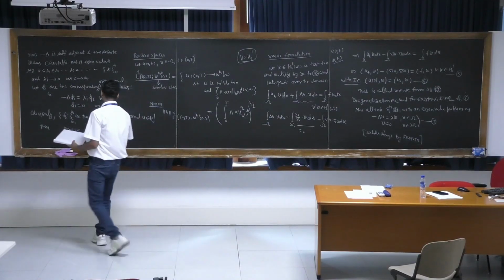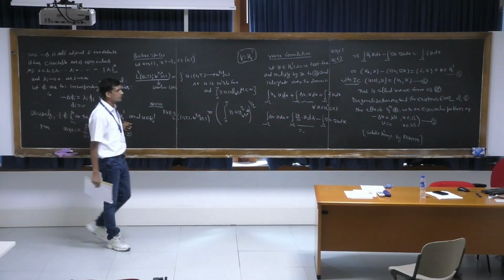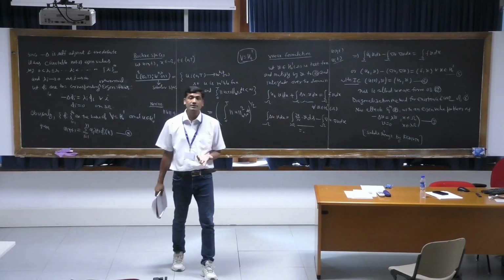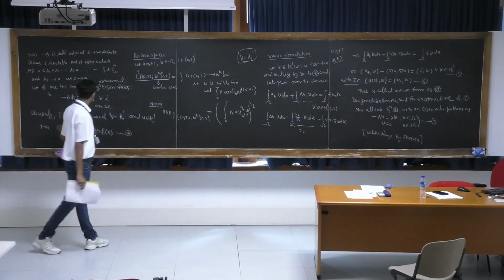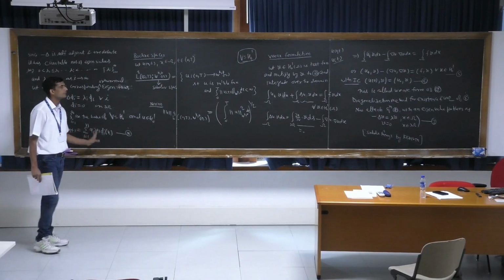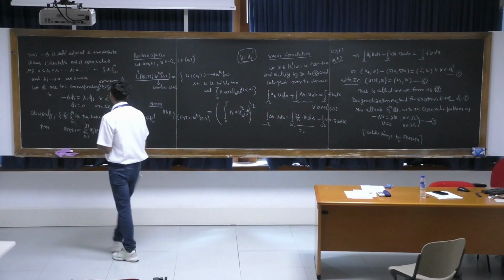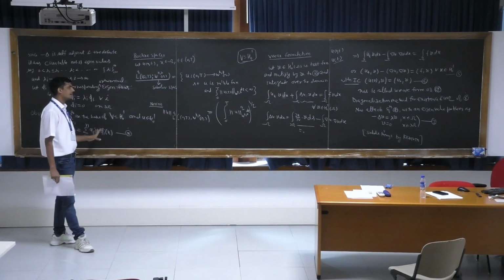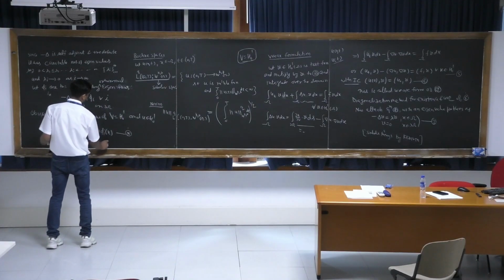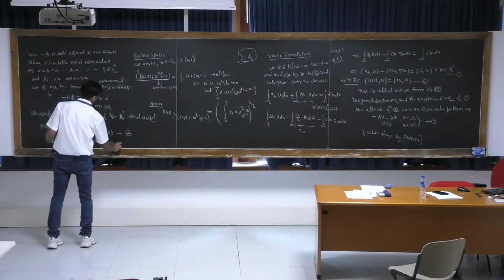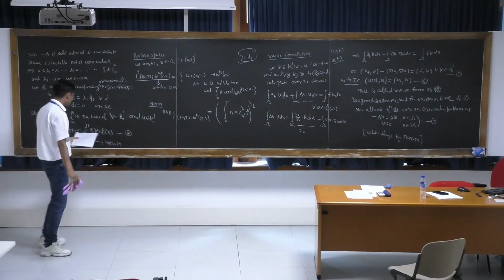I am calling this star. Because u belongs to H01 and the basis of H01 are phi i's, we can write the solution as a linear combination of these phi i's, where alpha i of t are unknown parameters depending upon the time t.